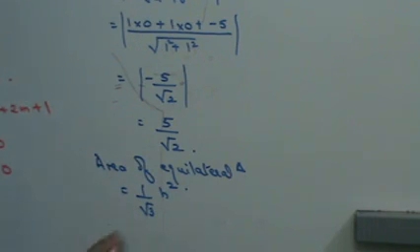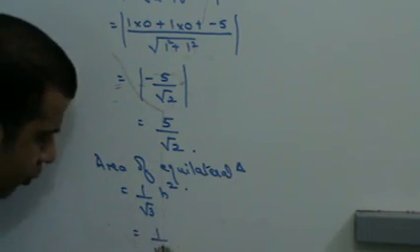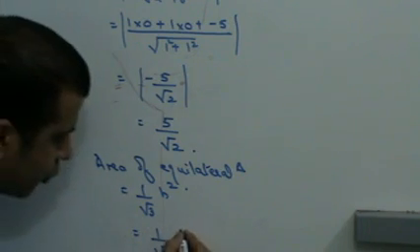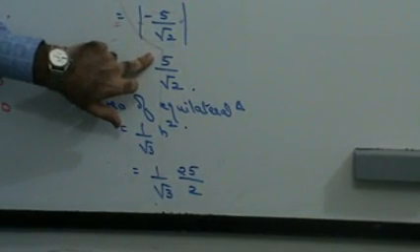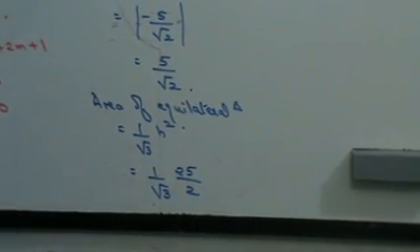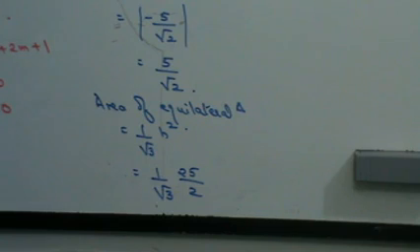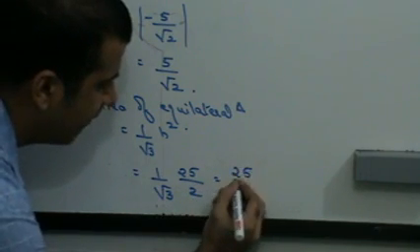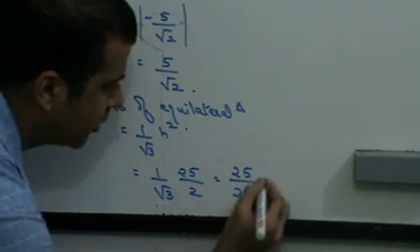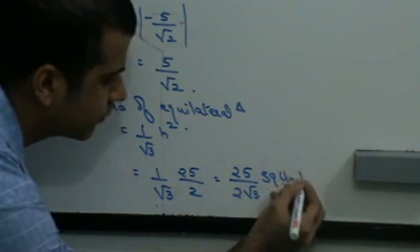Fine, do we get this thing clear? So this is going to be 1 upon root 3 into 25 upon 2. 5 square is 25, root 2 square is 2. So in that case I will get this as 25 upon 2 root 3 square units.